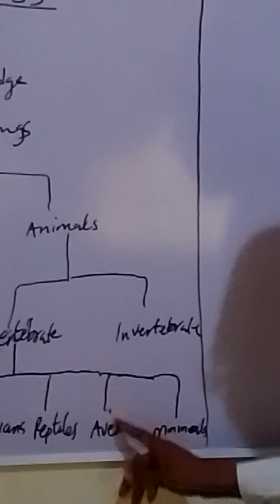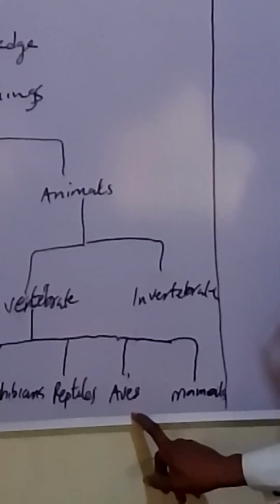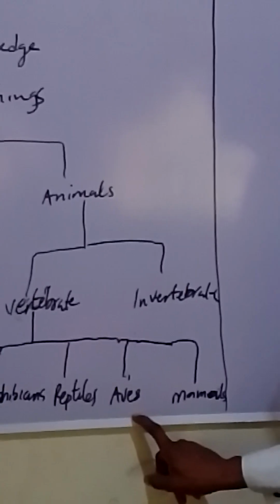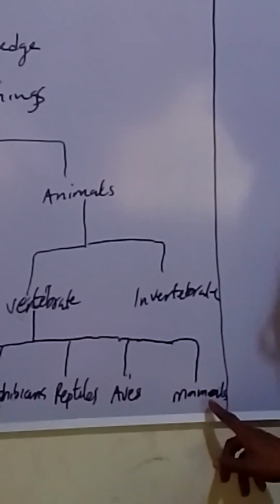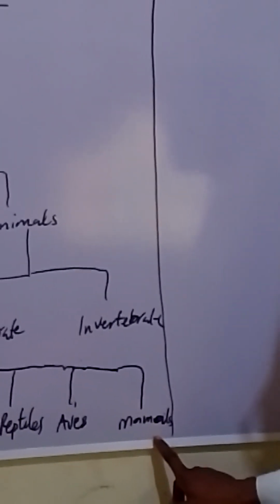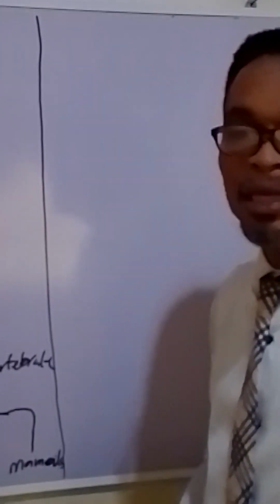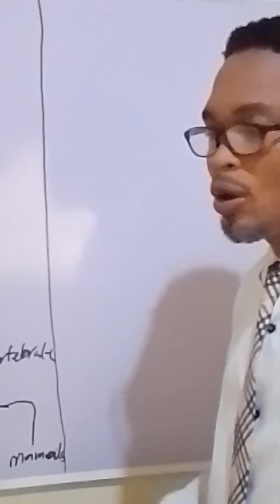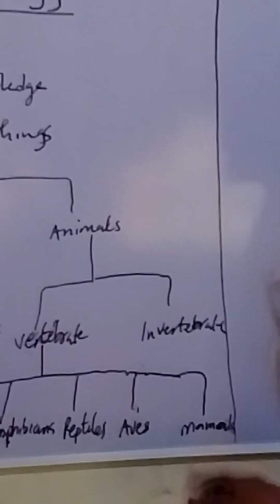Then we have another group, the apes. The apes are the birds. Different classes of birds belong to the group we call the apes. And then finally the mammals. The mammals include human being, goat, rabbit, cow, dog. All these are in the category we call mammals.